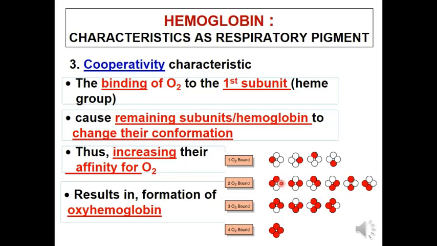You can see from the diagram, the first oxygen binds to the hemoglobin and changes its conformation to make it have more affinity towards oxygen. It will cause the binding of a second oxygen, after that a third oxygen and a fourth oxygen.